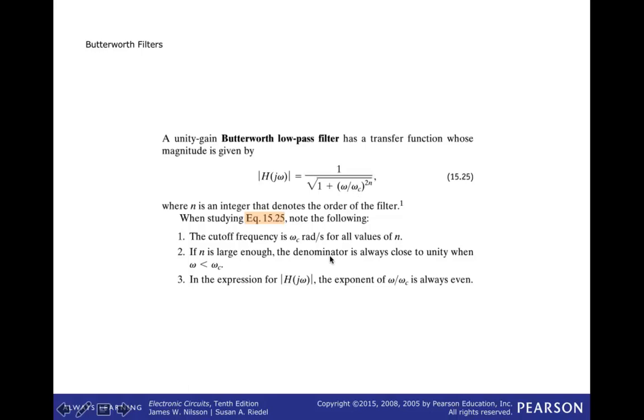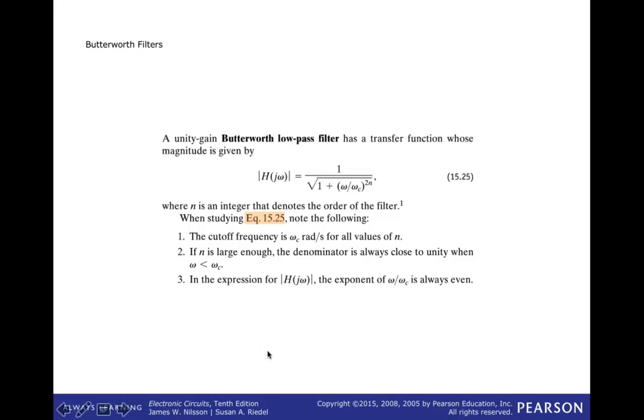Secondly, if n is large enough, then the denominator is always close to 1 when omega is less than omega c. Now, why is this significant? This is significant because as this ratio gets less than 1, we are in the passband region. And of course, a number less than 1 raised to a power gets closer and closer to 1 the higher the power it's raised to.